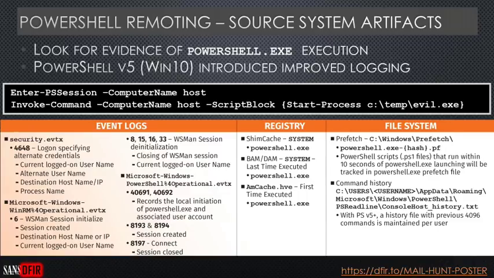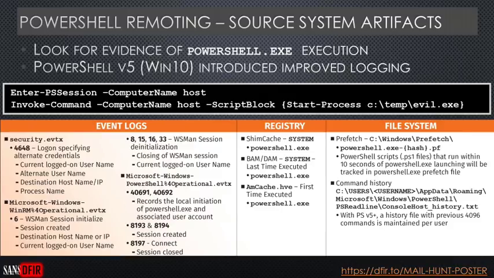On the registry side, we're talking about more or less the PowerShell executable itself being launched, and if that's the case, then obviously you've got a lot of these evidence of execution artifacts being populated. And on the file system, if PowerShell.exe is being run, and particularly with PowerShell scripts like PS1 files, often those will be launched with PowerShell, and so you'll get those cataloged inside the prefetch file itself.